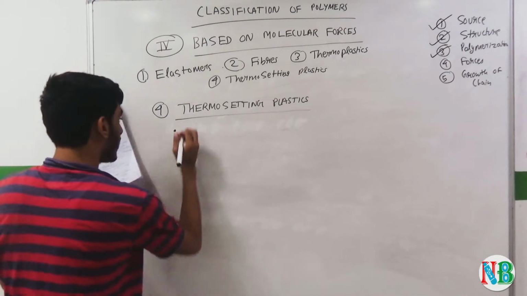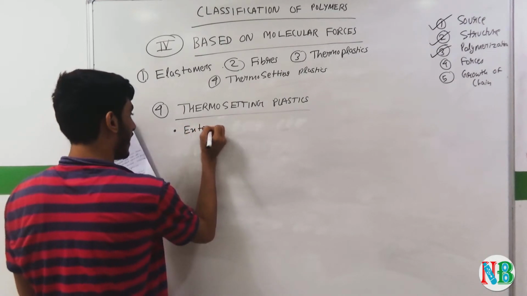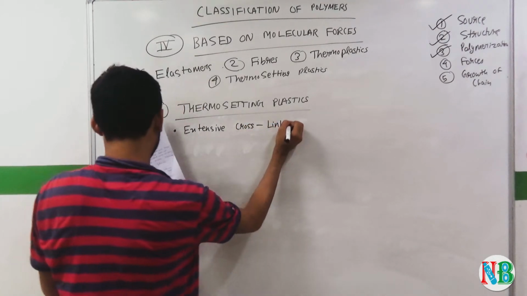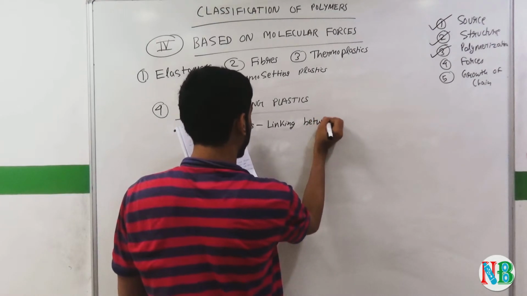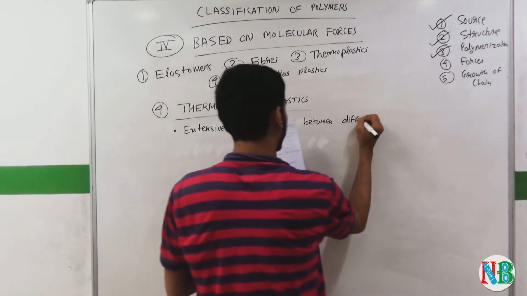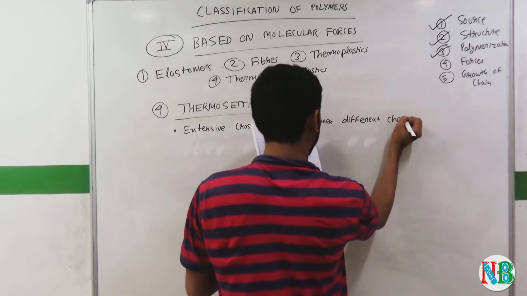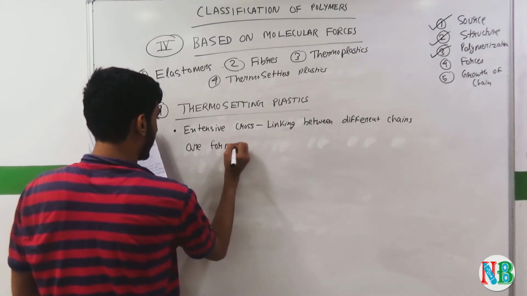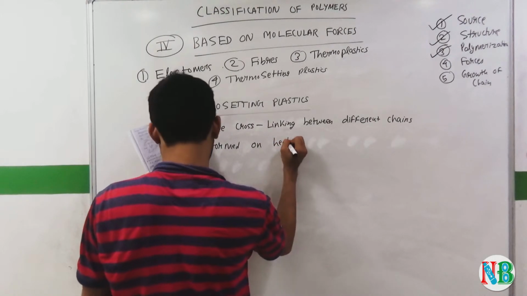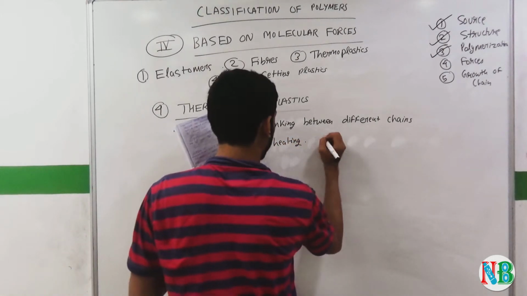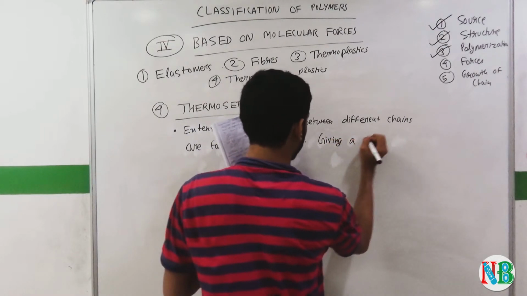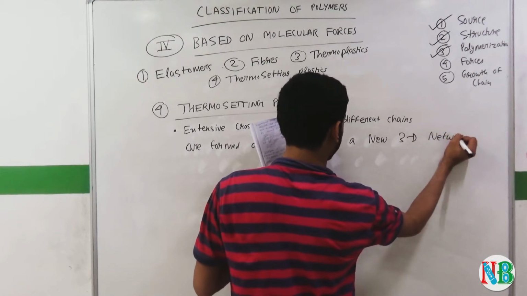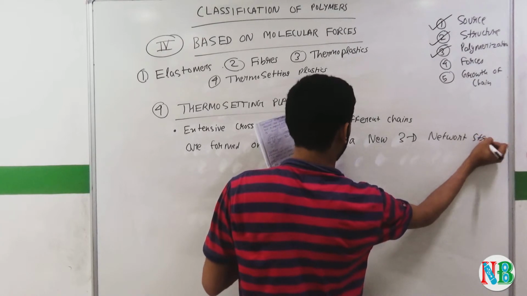Extensive cross linking between different chains is formed on heating, giving a new structure.